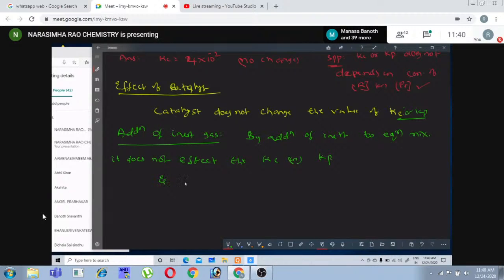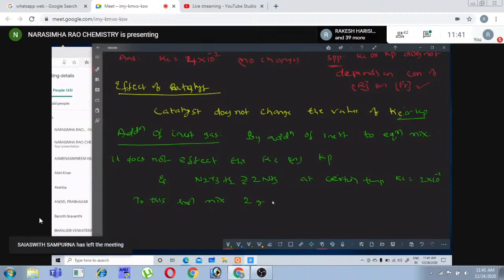For the example, N2 plus 3H2 is in equilibrium with 2NH3 at a certain temperature. Kc is 2 into 10 power minus 1. Now, to this reaction mixture, 2 grams of helium is added.